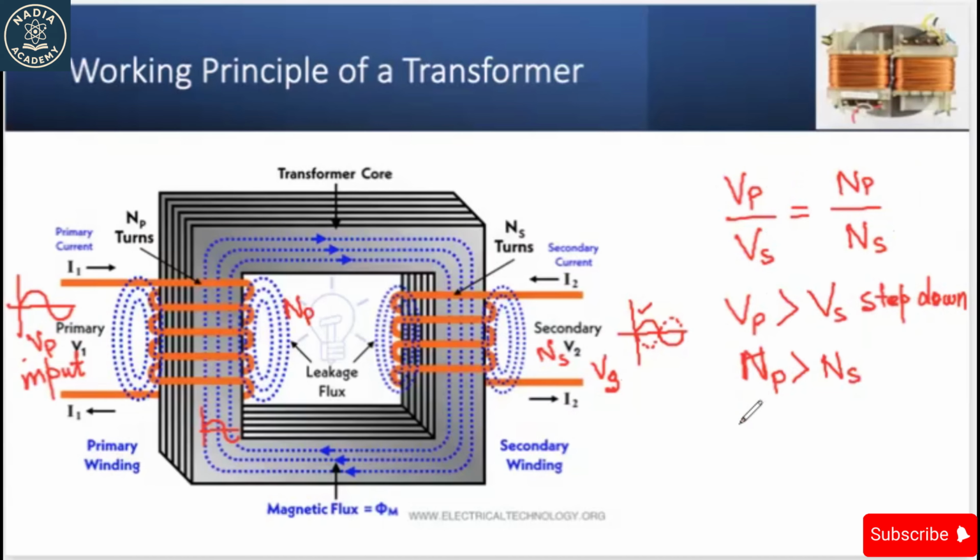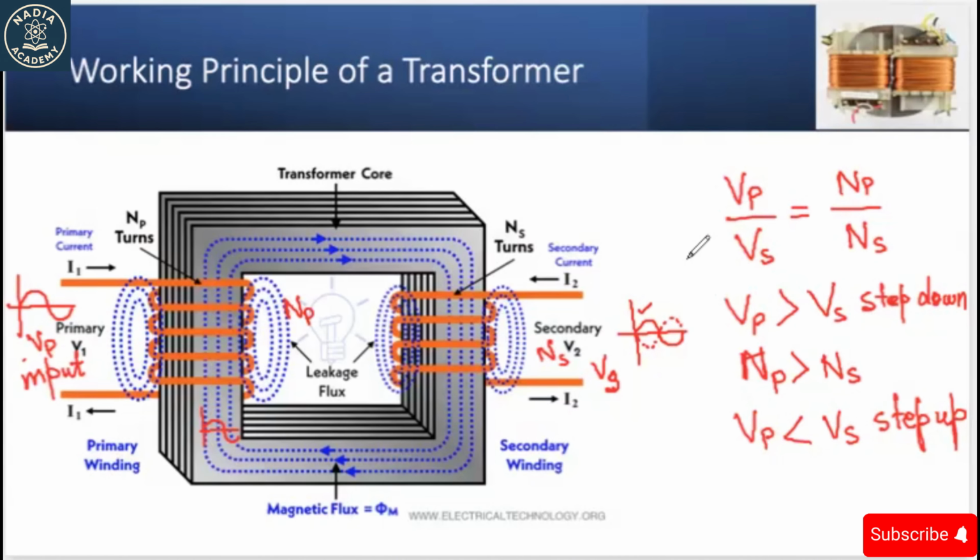Otherwise, if our Vp is smaller than Vs, then we have a step up transformer, because we have increased the voltage at the output.